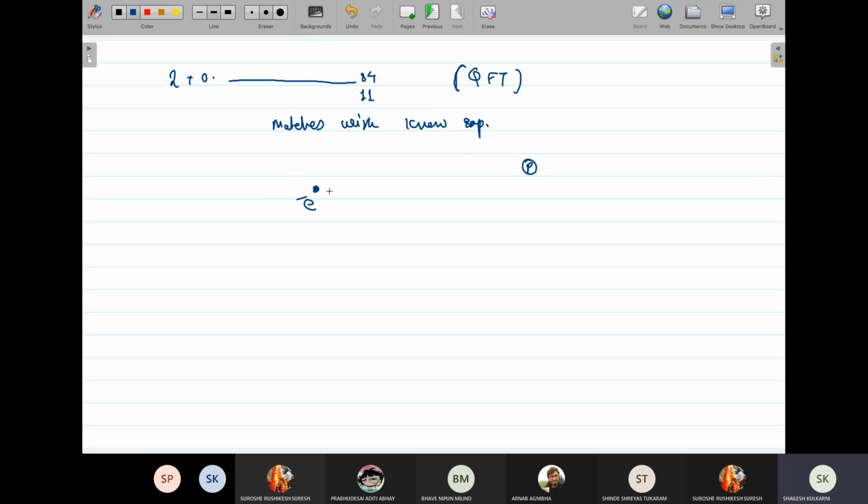The interaction between them is via the exchange of what is known as a photon. So this electron emits and absorbs photons, and that gives you a further correction to this.